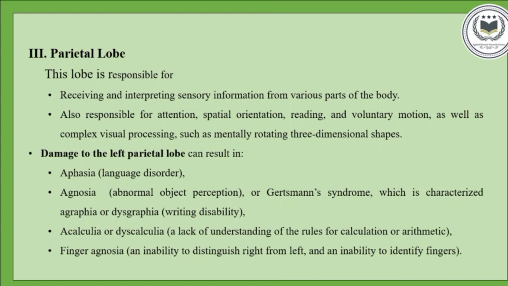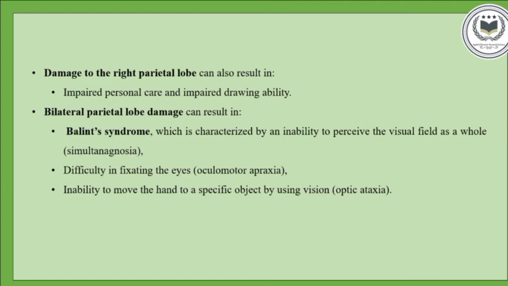Damage to the left parietal lobe can lead to aphasia, agnosia, or finger agnosia. Damage to the right parietal lobe generally causes less self-care, impaired personal care and impaired drawing ability.